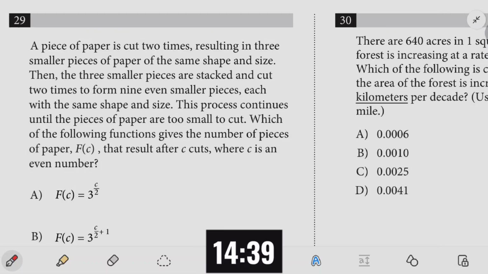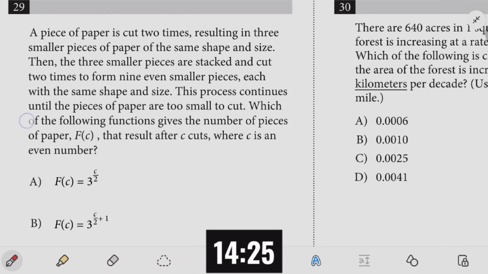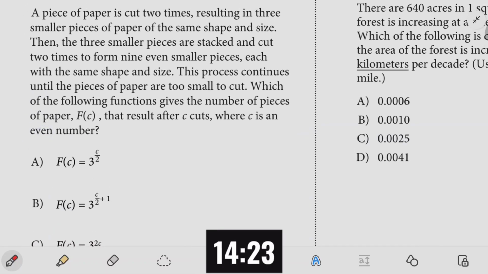Wait, what? A piece of paper is cut 2 times, of the same shape and size, resulting in 3. Okay. Then the 3 smaller pieces are stacked and cut 2 times to form 9, even smaller. Number of pieces: when there are 2 cuts, it's 3. When there are 4 cuts, it's 9.